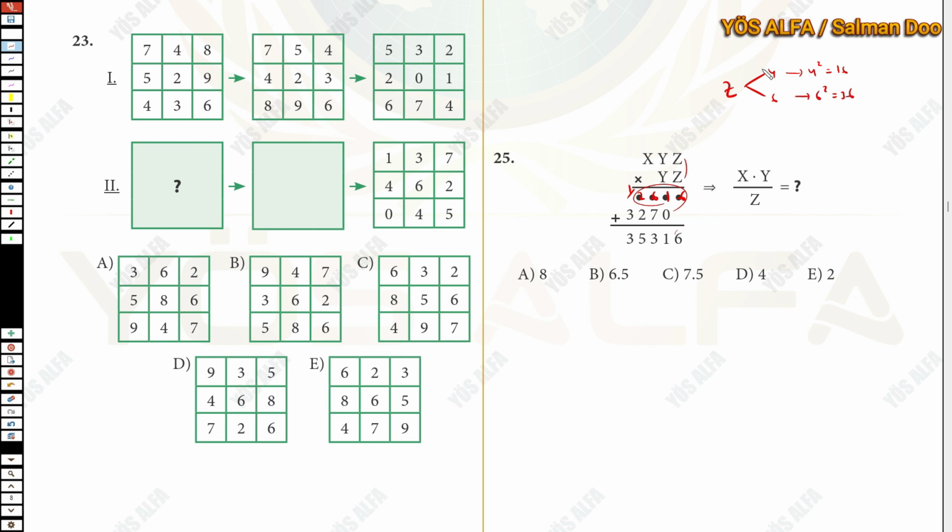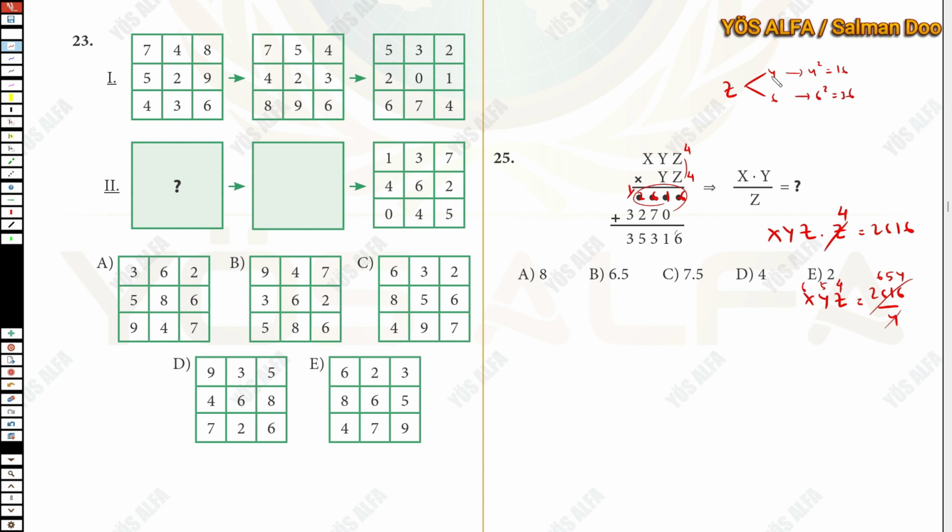So we're going to first try out with z equal to 4. If z is 4 and the multiplication of z and xyz is 2616, since we are assuming that z is 4, so xyz is going to be 2616 divided by 4, which is 654. Okay, so x is 6, y is 5, and z is 4.